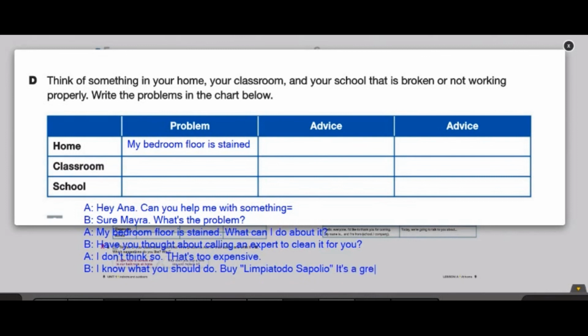It's a great product. Clean floors. It's just one example, yes? I'm not sure if it's true or not. To clean floors. Oh, thank you. That sounds good. That sounds great.